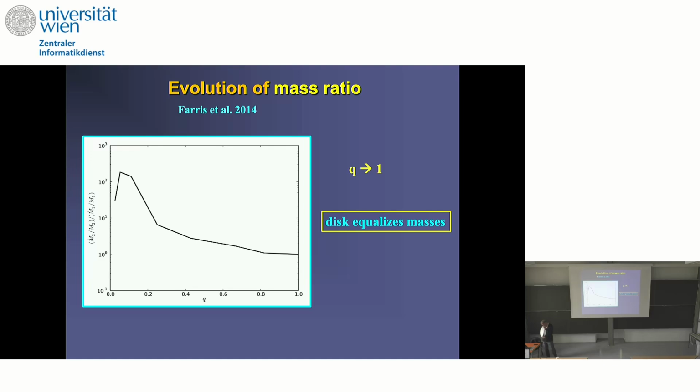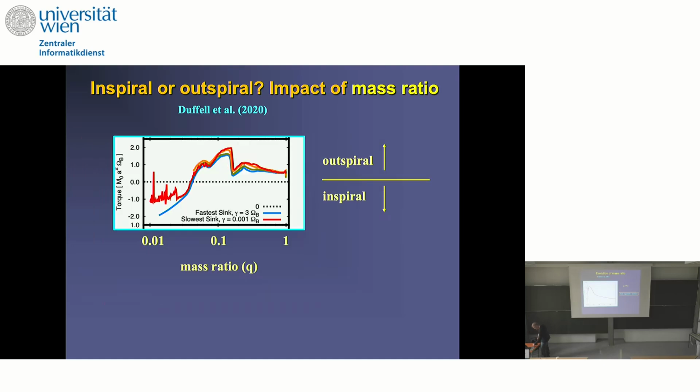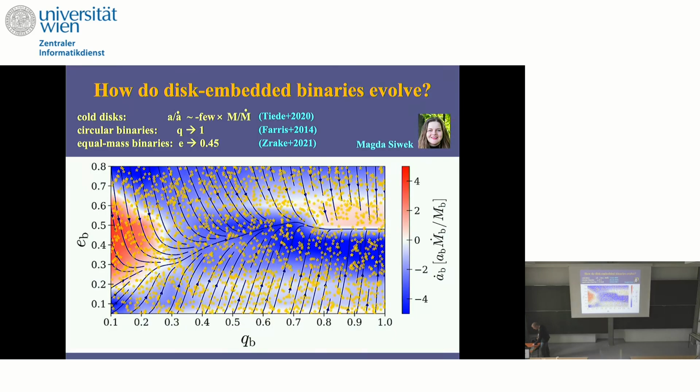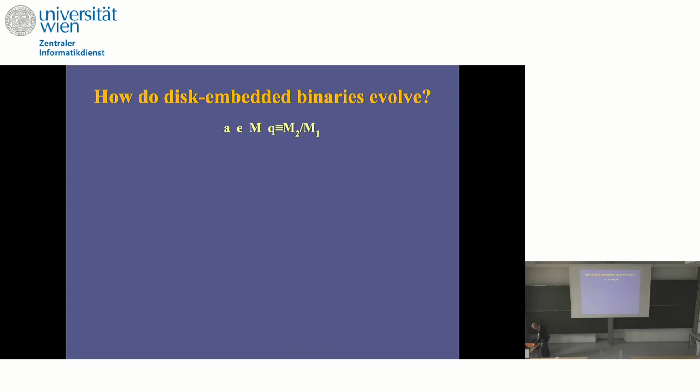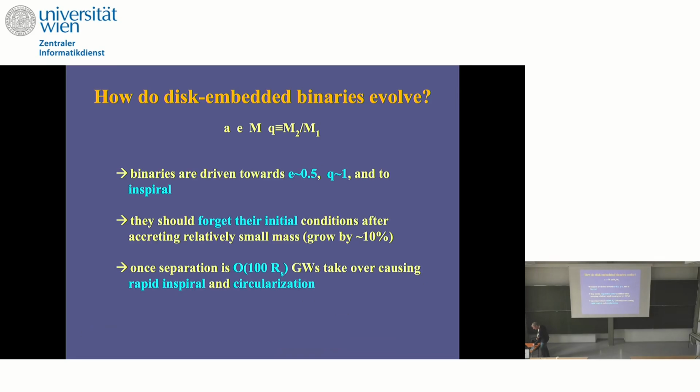That means gas disks force the binary to become eccentric and equal mass and spiral inward. There's some observational confirmation of this from stellar mass binaries, but I'll skip that. This is the upshot.